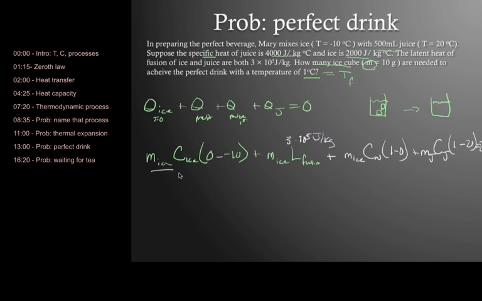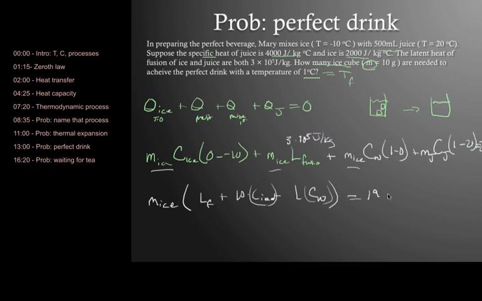So what we need to do is collect all these M ice terms. So we're going to have our latent heat of fusion plus 10 times C ice plus 1 times C water. And then this is going to be 1 minus 20, so that's minus 19.